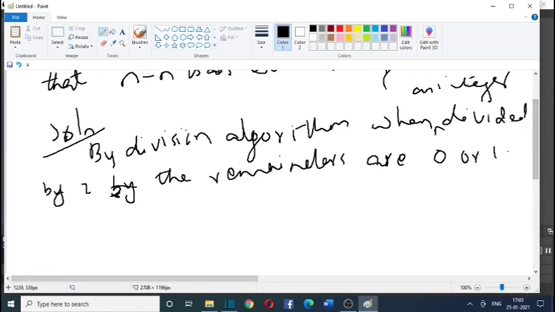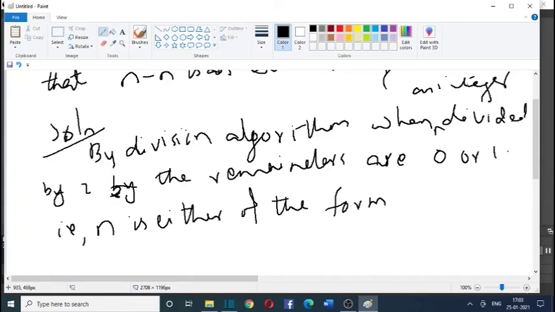So that is, n is either of the form 2m or 2m plus 1.